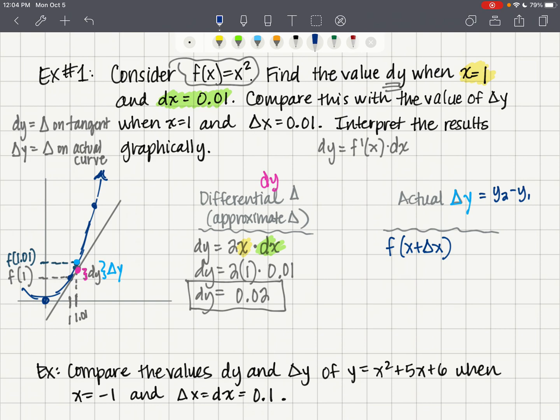I'm going to write this down this first time. And y1 is just f of x. y2 happens to be f of x plus delta x, which would be 1.01. x is 1, delta x is 0.01, add those two together and you get 1.01 minus f of 1.